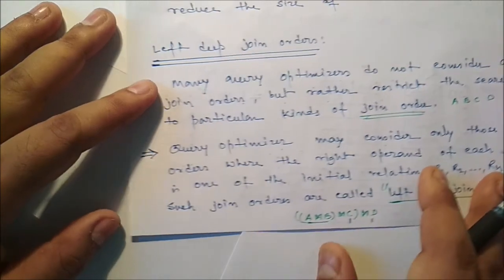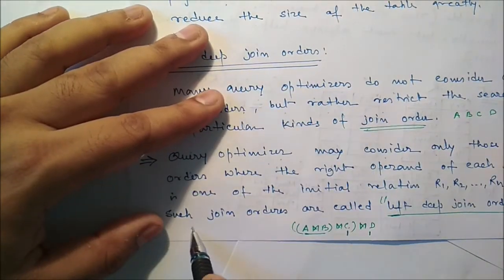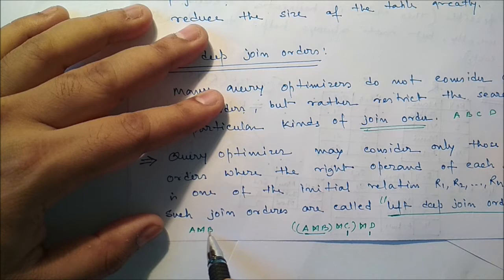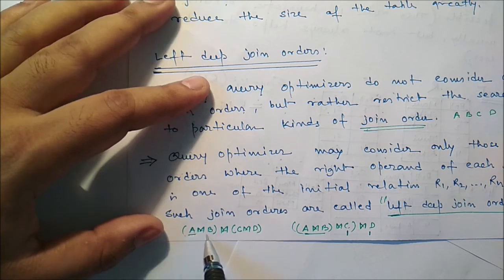Now you can see here, if you join like this way, A join this one and then this one, then first of all A and B are initial, C and D are initial. But after the join, the result is not initial. Here the left and right both are intermediate tables.